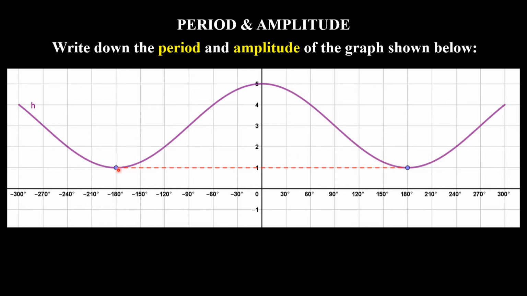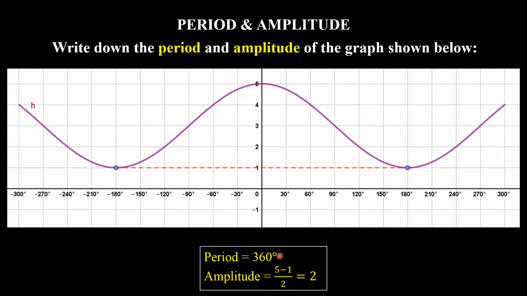The distance between those 2 points will give you the period. Here, look at this. From minus 180 to 0, how many degrees? 180 degrees. Again, from 0 to 180, another 180. 180 plus 180 gives us 360 degrees. Period is 360 degrees.